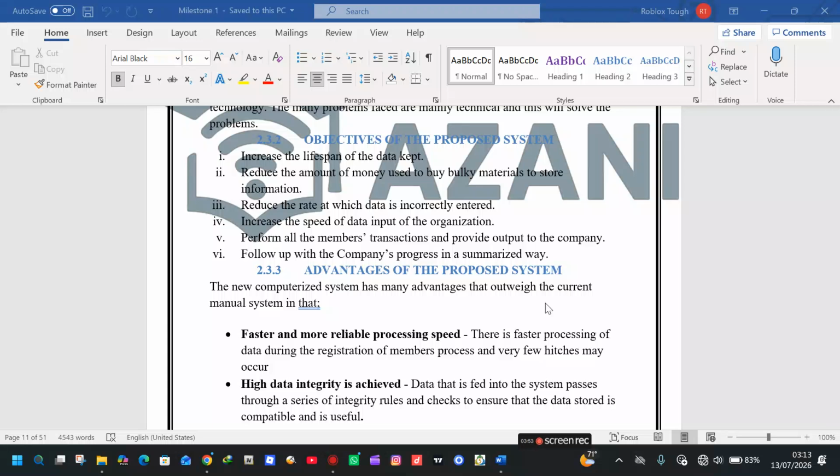We want it to increase the lifespan of the data kept, reduce the amount of money used to buy bulky materials to store information, reduce the rate at which data is incorrectly entered, increase the speed of data input in the organization, perform all the members' transactions and provide output to the company, and lastly follow up with the company's progress in a summarized way.